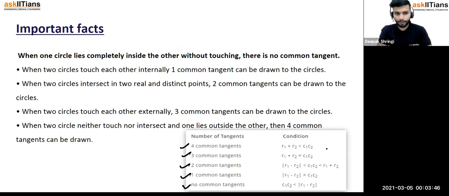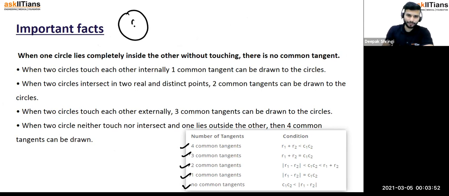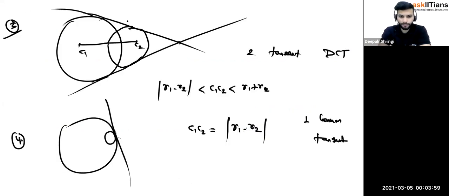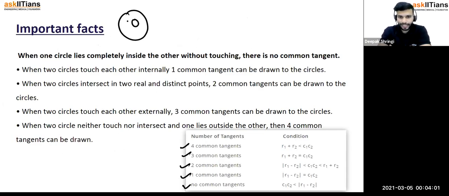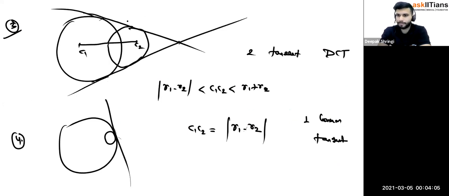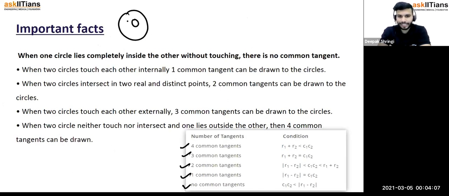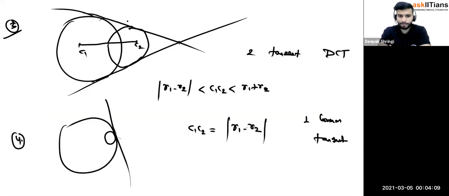So let's read it. What are the important facts? When one circle lies completely inside the other circle, then there is no common tangent. Absolutely correct. This case I'm talking about. Fine. When two circles touch each other internally, one common tangent can be drawn. Fourth part. When two circles intersect in two real and different points, two tangents. The part number 3. When two circles touch each other externally, part number 2, guys.